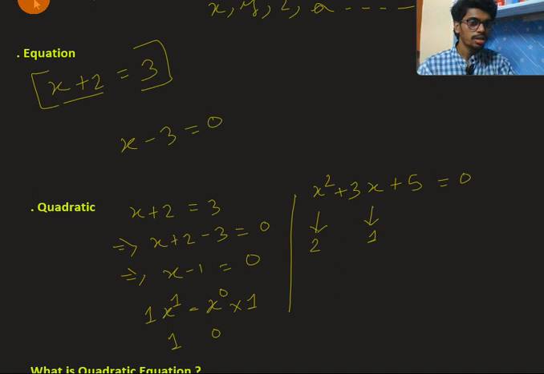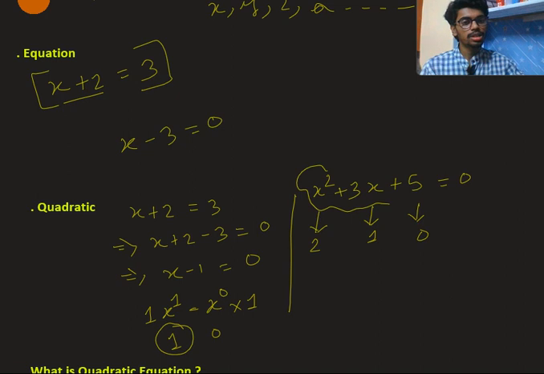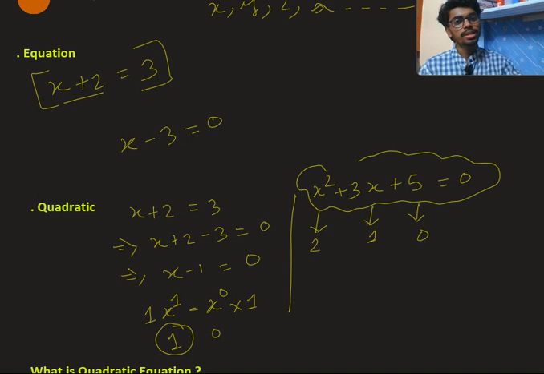And what is the power of x here? Clearly it is 0, and the coefficient is 5. So in the earlier equation the highest power of x is 1, and in this case the highest power of x is 2. So this is nothing but a quadratic equation, where the highest power of x is 2.